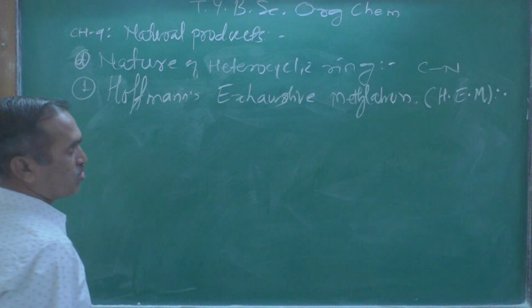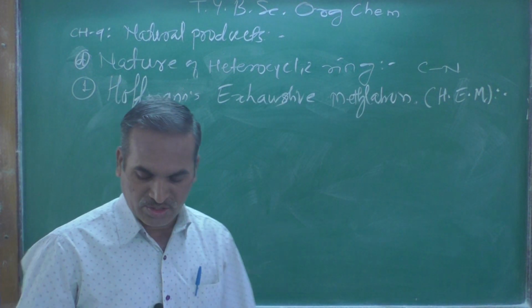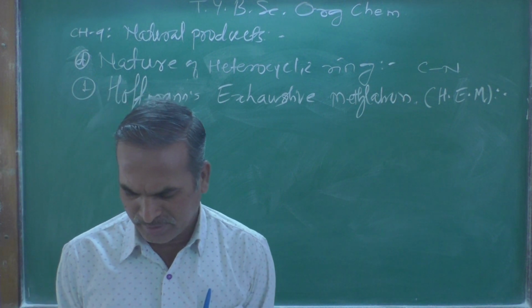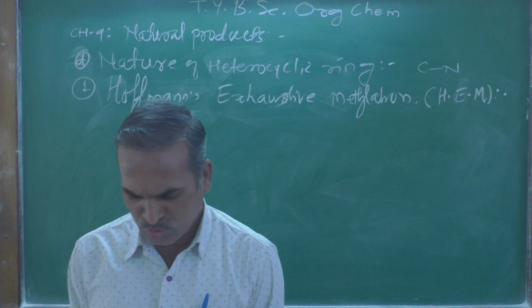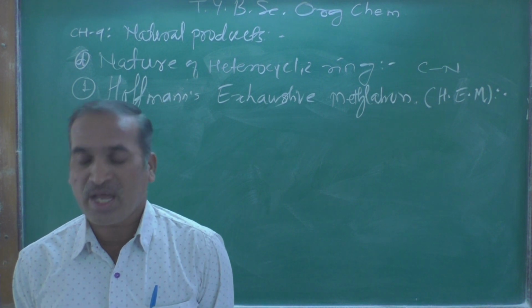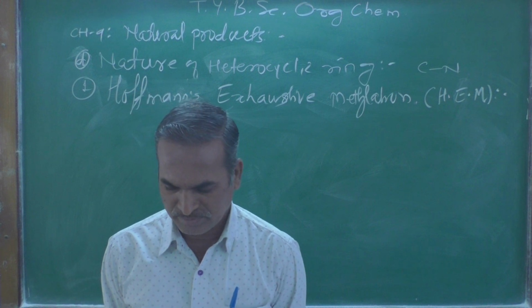Hofmann's exhaustive methylation, HEM, is applicable to heterocyclic rings which contain a beta hydrogen atom.